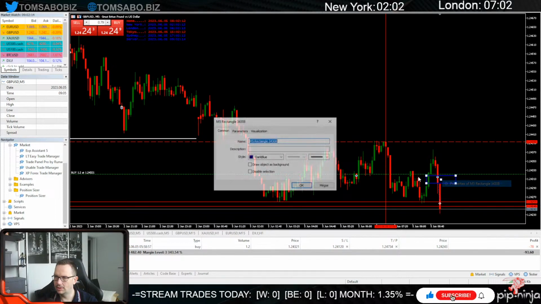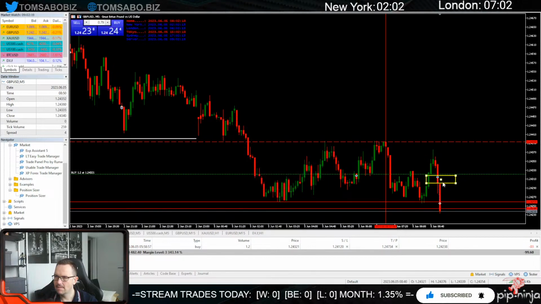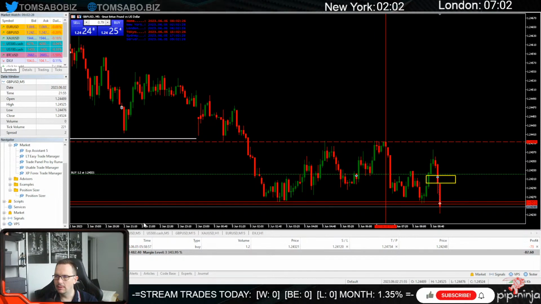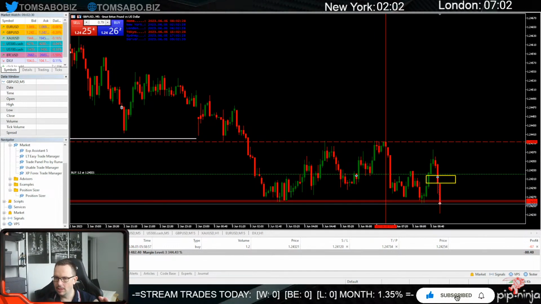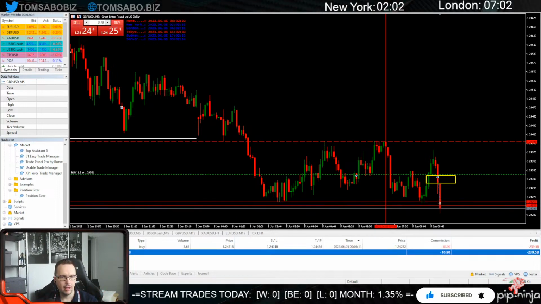Let me put a different color here. All right. So that should be a fair value gap, which we went through. But this trade right now is basically, I mean, we made a short scalp here. Yes, we're going to log it for today.